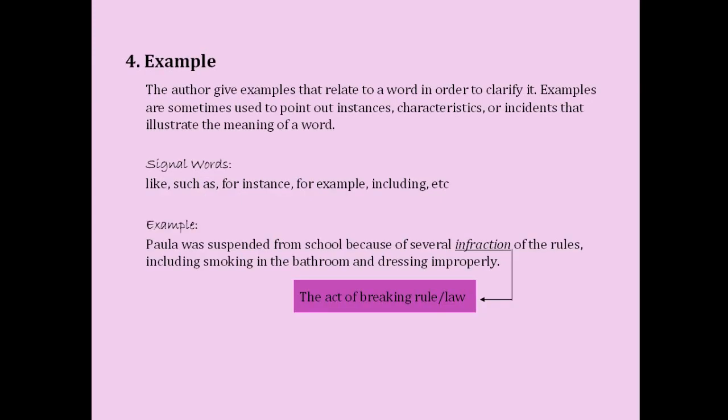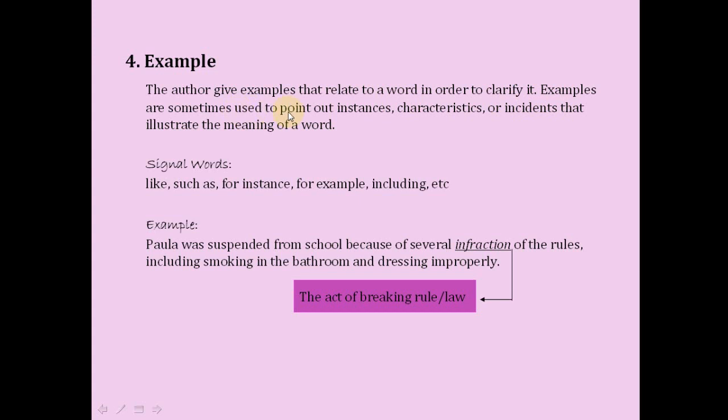The last context clue is example. Example is the author gives examples that relate to a word in order to clarify it. Jadi fungsi dari example itu adalah the author memberikan example untuk mengclarify meaning dari unknown word tadi.